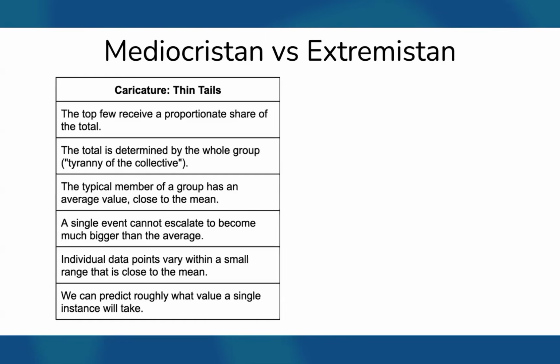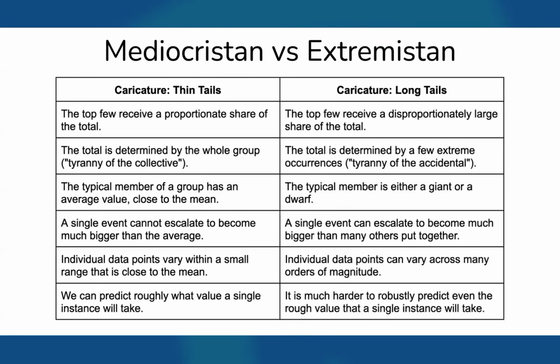Here's a caricature from, I think, Taleb's The Black Swan, between thin tails, which he's calling events that are not tail events, and long tail events, which are the actual tail events. So the left is the situation where minor events dominate, and the right column is when tail events dominate.